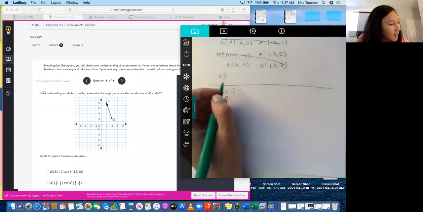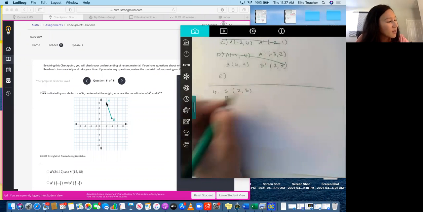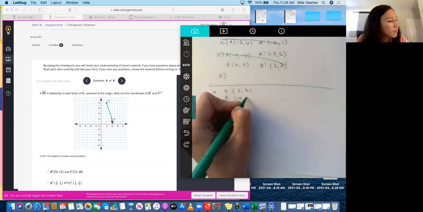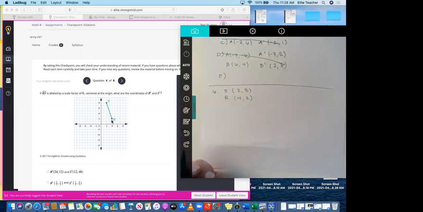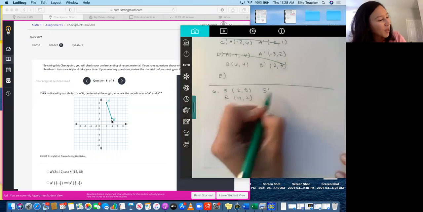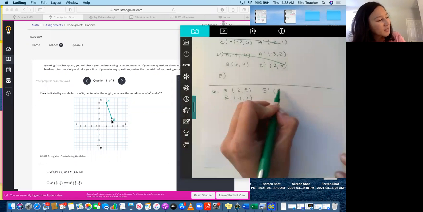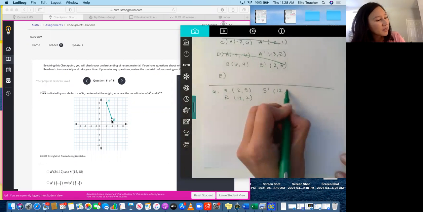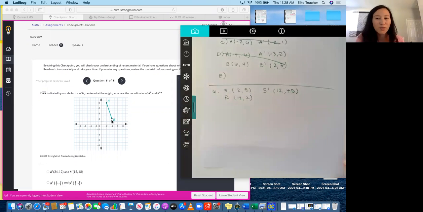So S is at 2, 8. Good. That's a great starting spot. And R is at 4, 2. And then multiply by 6. Very good. So for S prime, we're going to do 2 times 6, which is 12. And then for the Y value, 8 times 6, which is 48.